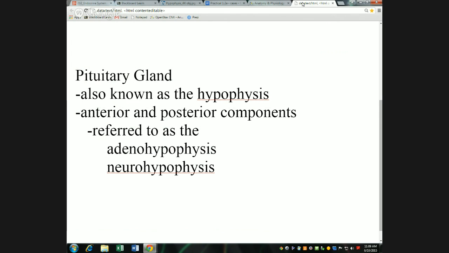What does the root adeno mean? Does it mean in? No, that would be endo. What is adeno?